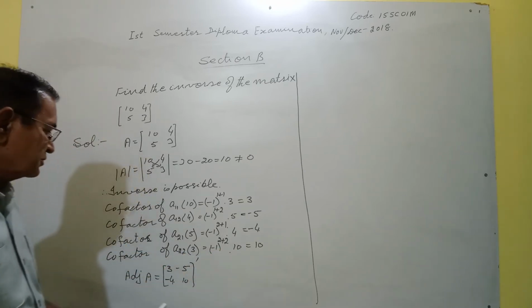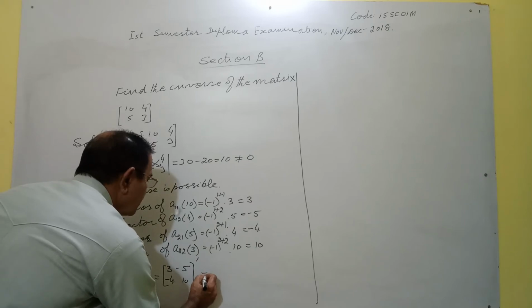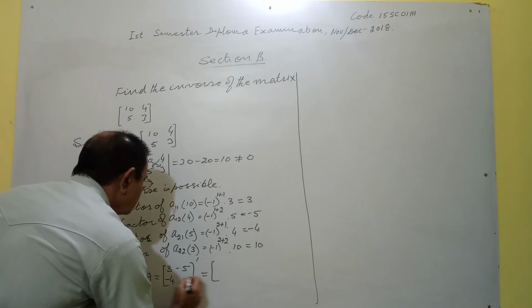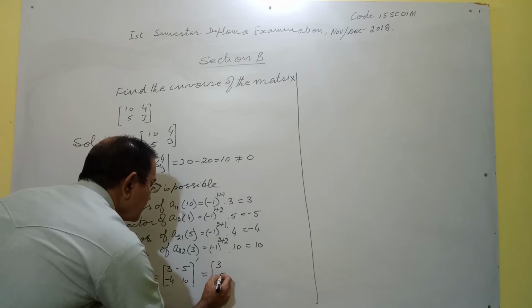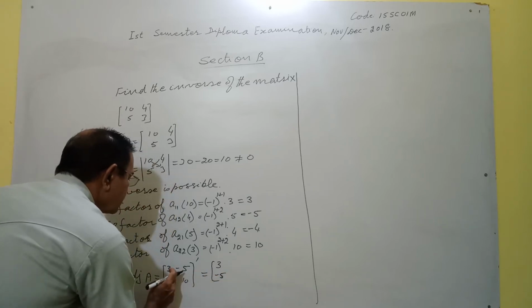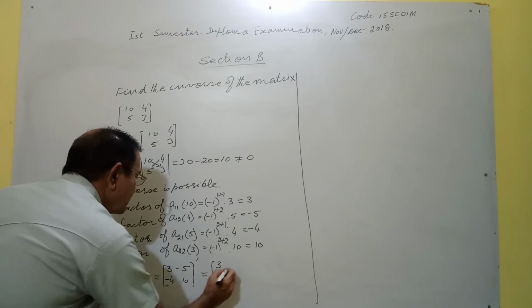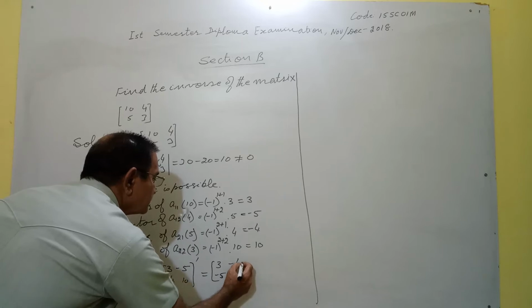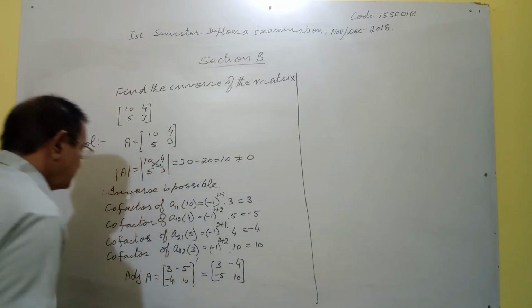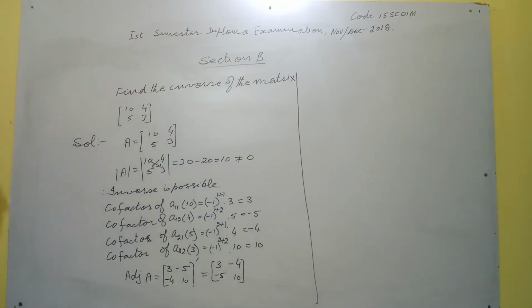Cofactor then transpose, which will come out to be 3, minus 5, minus 4, 10. So that is the adjoint of the matrix A.